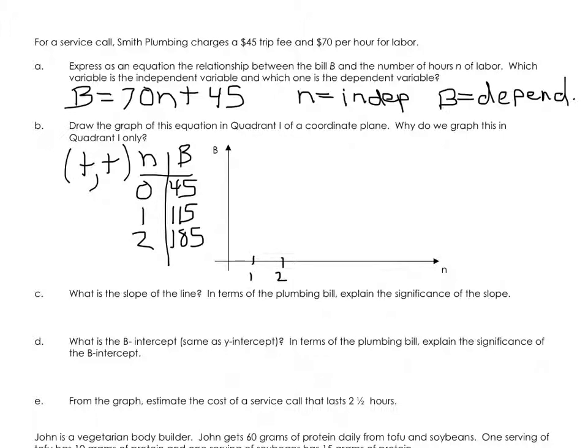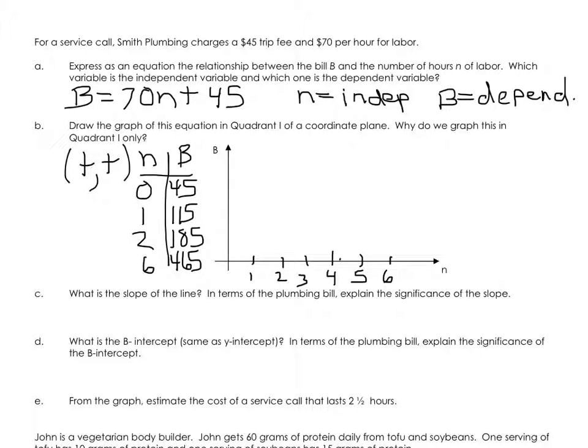So let's look at our N values on the horizontal axis. 1, 2, 3. What's a reasonable amount of time that a plumber might work? Well, from a friend, I know that if your hot water heater explodes, you need about 6 hours to fix that. So let's go up to 6. If they work 6 hours, you owe them $420 plus 45, $465, I'm sorry to say.